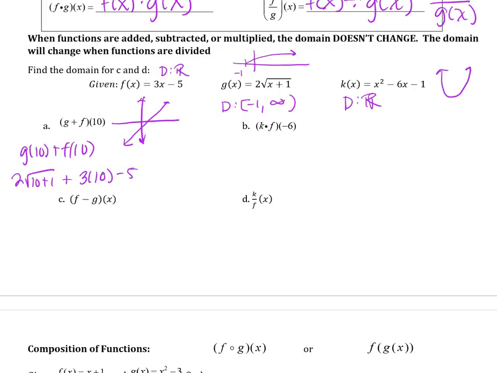Okay, so that doesn't simplify too crazy much, but it is what it is. So this is 2 radical 11, and that's 30 minus 5, so plus 25. Okay, can't combine that any further because you can't combine that if it doesn't have a radical 11 on it.